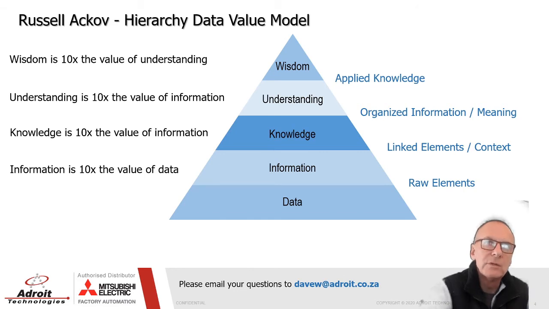He also mooted that information is 10 times the value of data, knowledge is 10 times the value of information, understanding is 10 times the value of knowledge, and wisdom is 10 times the value of understanding.